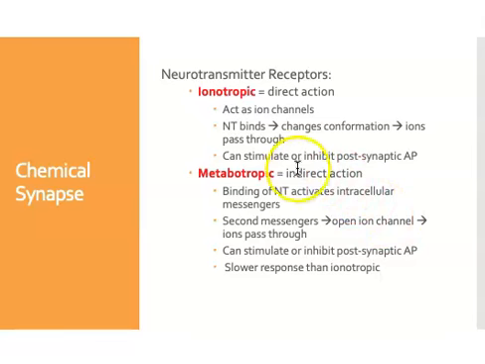You can imagine that because there's an extra step involved with a metabotropic receptor, there's just a little more delay. It's a slightly slower response than with an ionotropic receptor. Now we're still talking about fractions of a millisecond here, but there is a slightly slower response with metabotropic receptors.